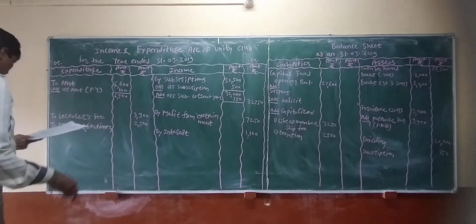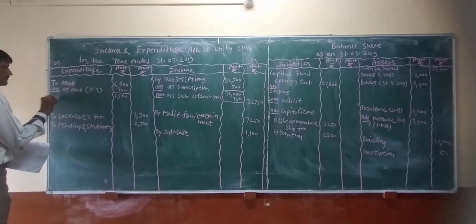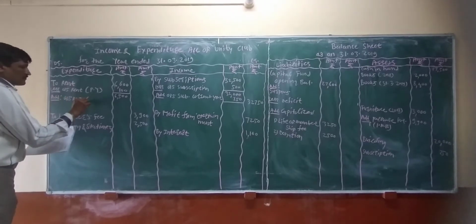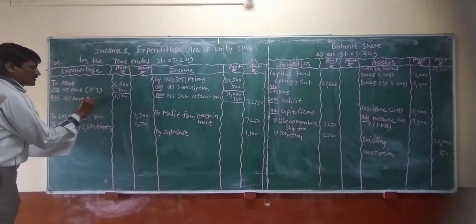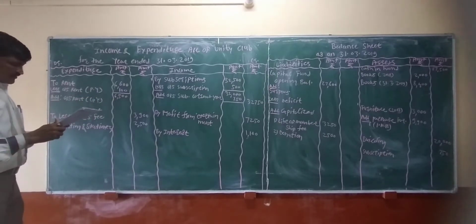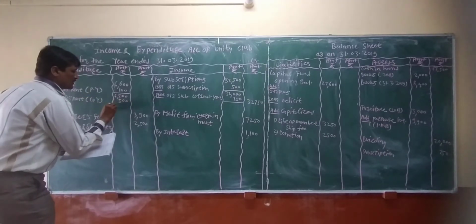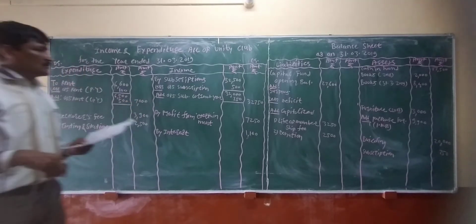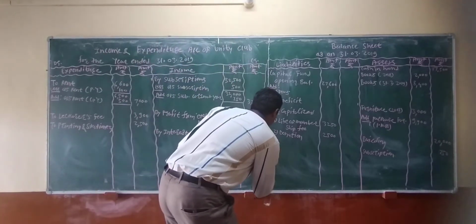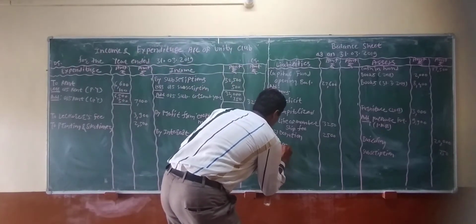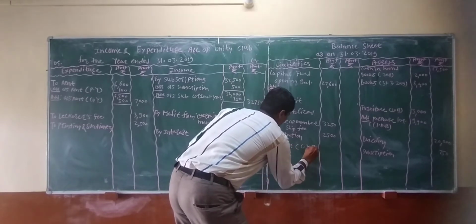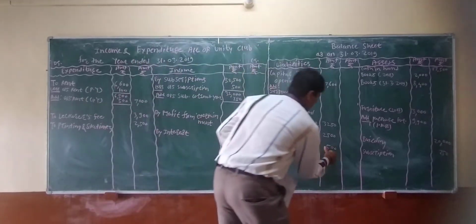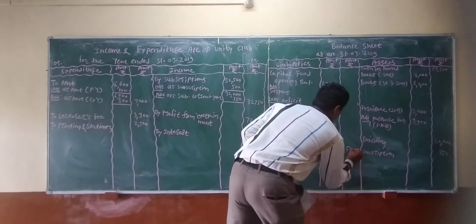Add current year outstanding rent, 500. You can add that amount and transfer it to the 7,000 amount in the outer column. That amount you can also show on the liability side, 500, right? So, the outer column.